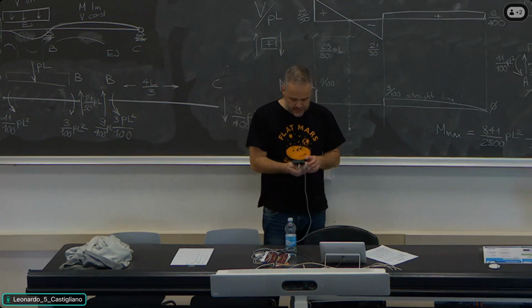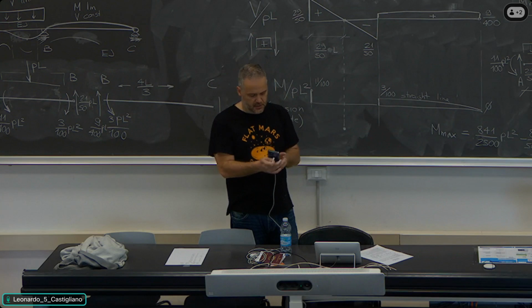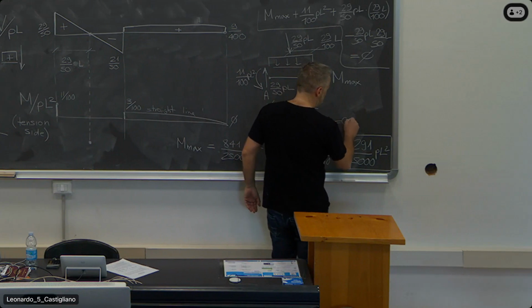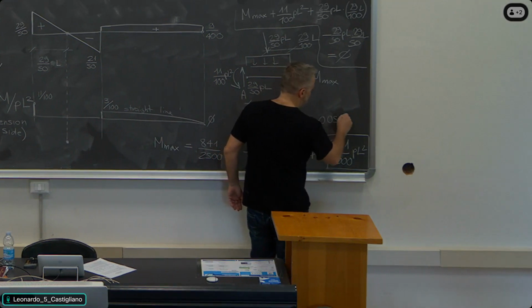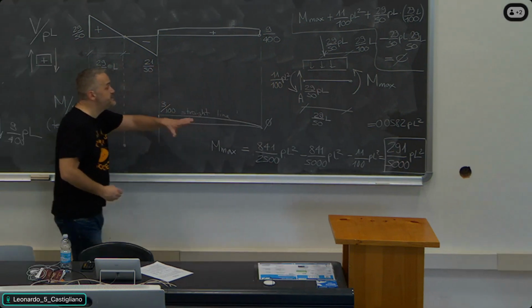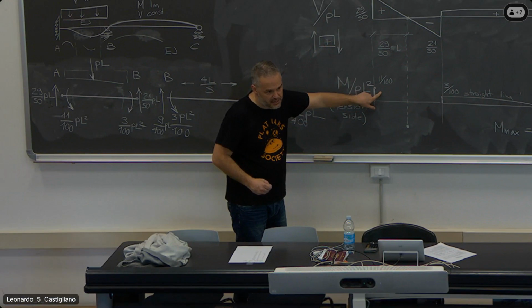How much is it? It's 291 divided by 5000, 0.0582 PL square. So it's more or less half of this value, which is 0.11, okay?